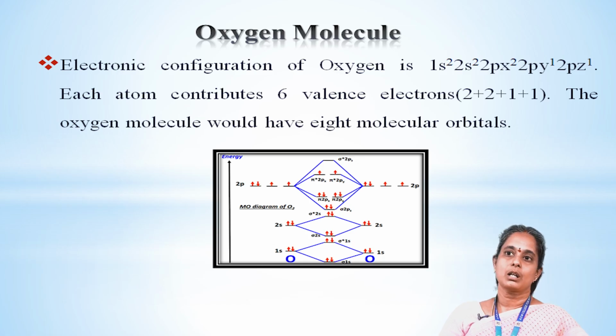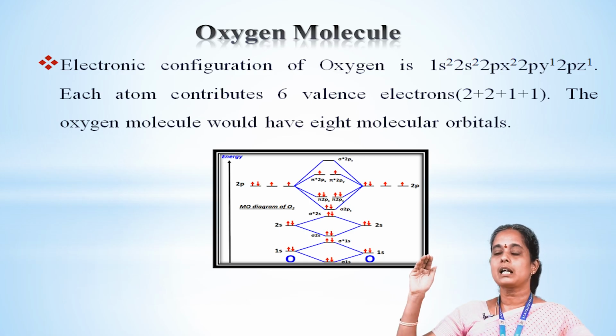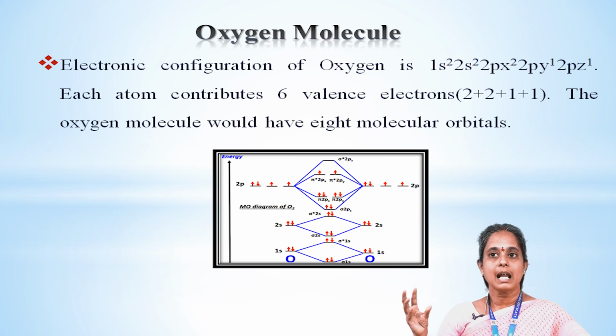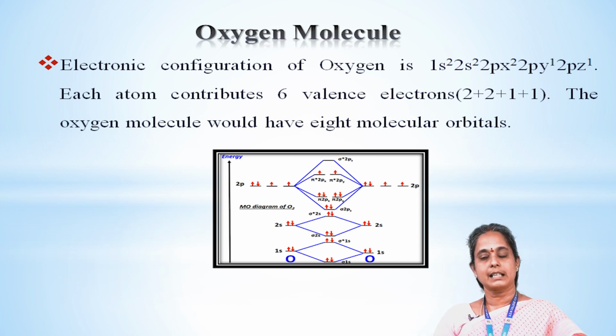The oxygen molecule would have 8 molecular orbitals, and 12 electrons are to be accommodated in them.